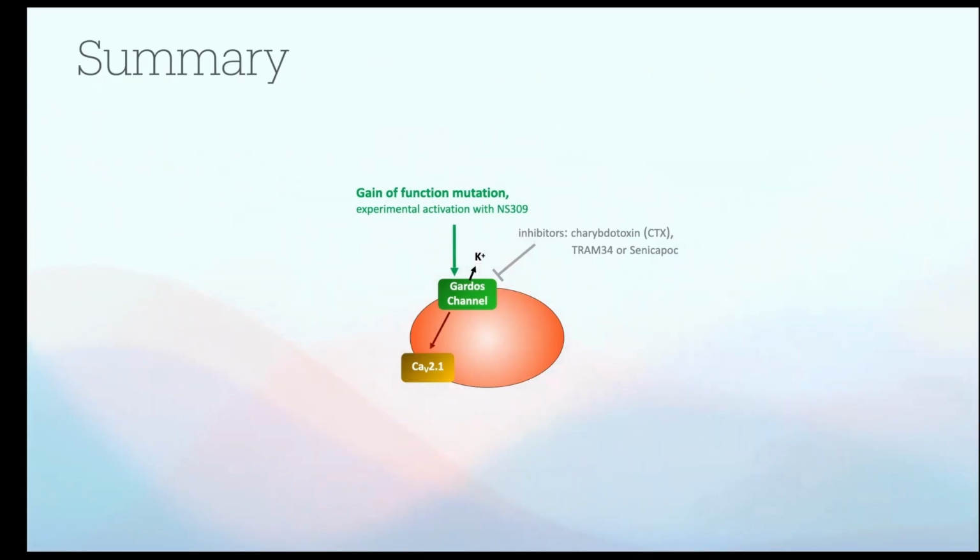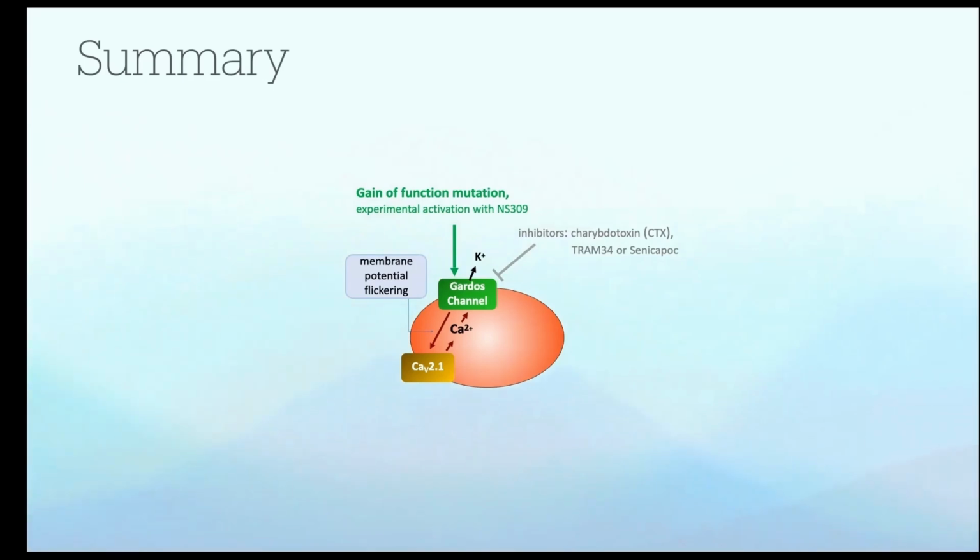According to this presentation, with the pseudo action potentials, the activity of this Gardos channel can also activate the CaV2.1. If you reach this state of membrane potential flickering, calcium can enter the cell and also provide a feedback loop of further Gardos channel openings.